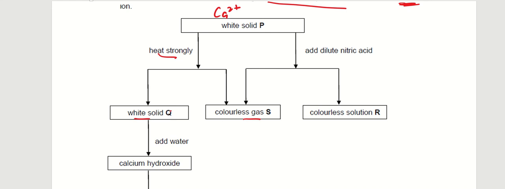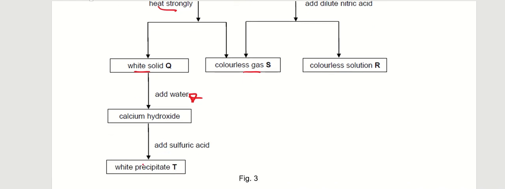Now we add this white solid to water and we get calcium hydroxide. Calcium hydroxide has a formula of Ca(OH)2. Of course, you would also remember that calcium hydroxide has a common name called lime water. Now what could we have added to water to give us calcium hydroxide?